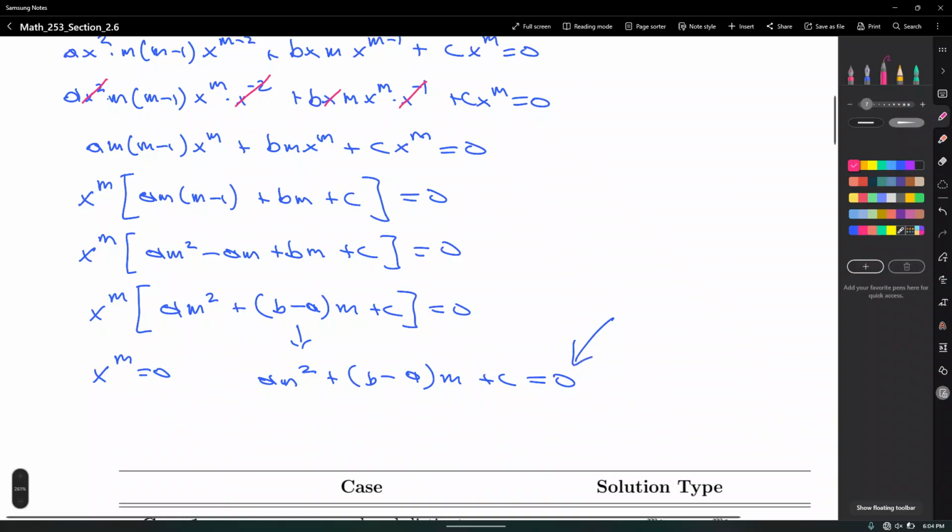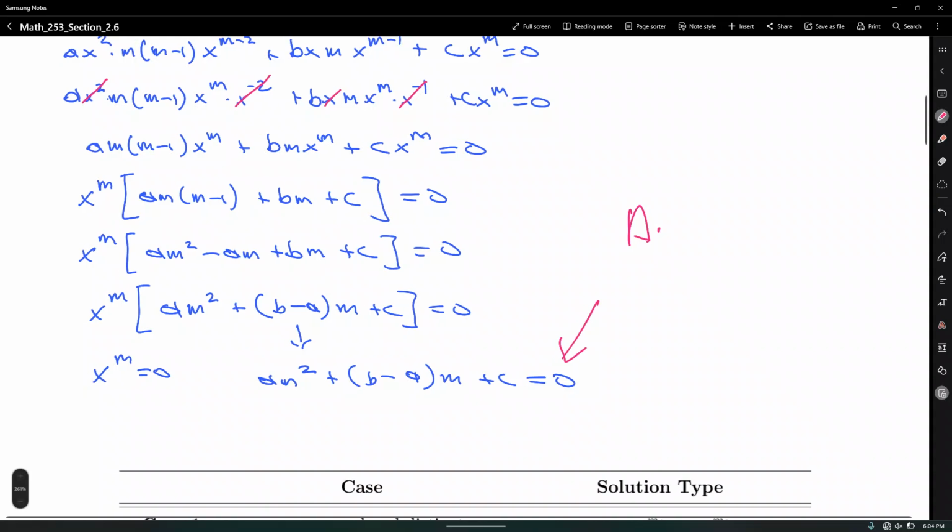Let me put a name to this: auxiliary, or characteristic, equation. Just to compare and contrast these equations, what did we do with linear higher order differential equations with constant coefficients?